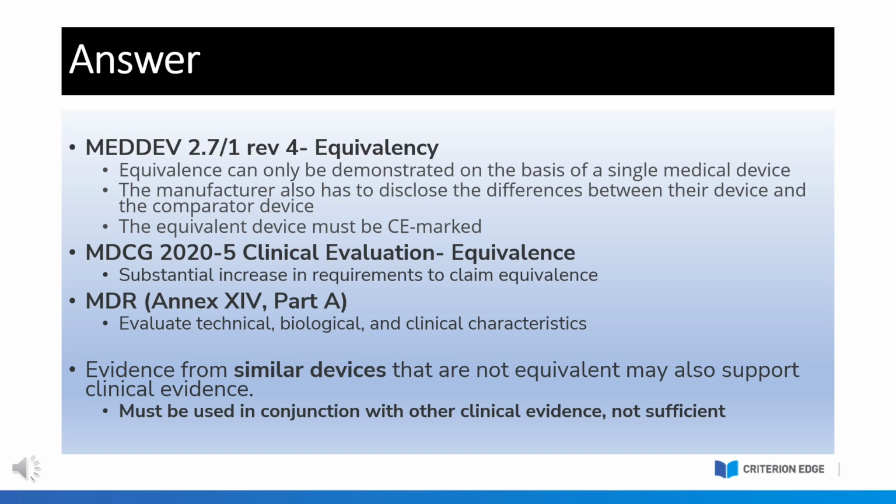But the only downfall there is you cannot use the clinical data of the similar devices alone. That's not considered sufficient clinical evidence. You do have to have your own device or software specific clinical data to use in conjunction, and then you can show that your software or your device is at least as safe and effective as the similar devices on the market.